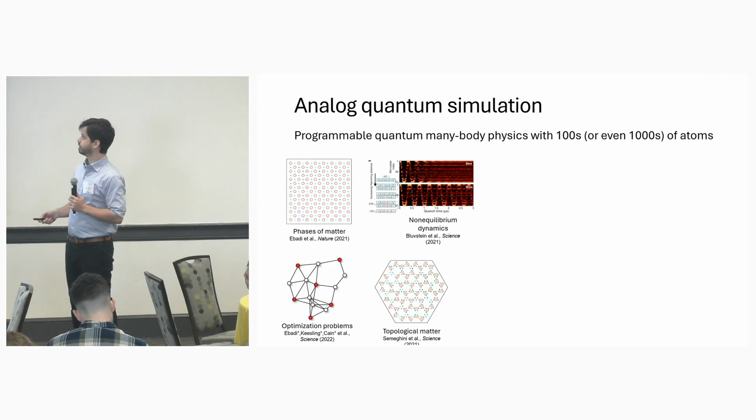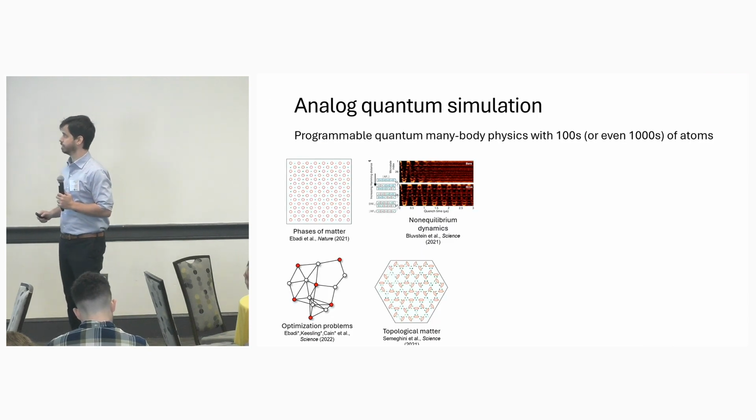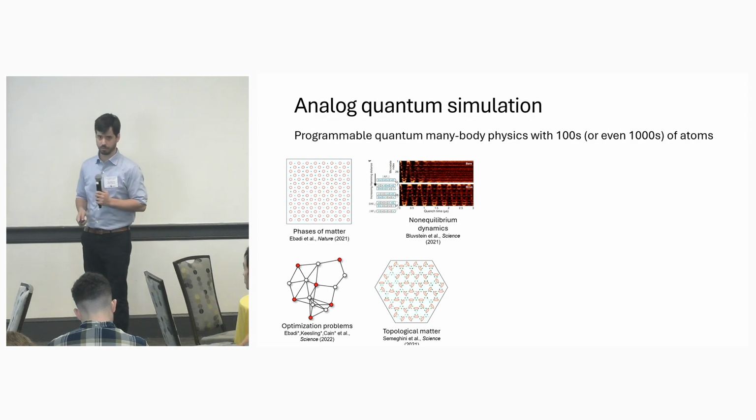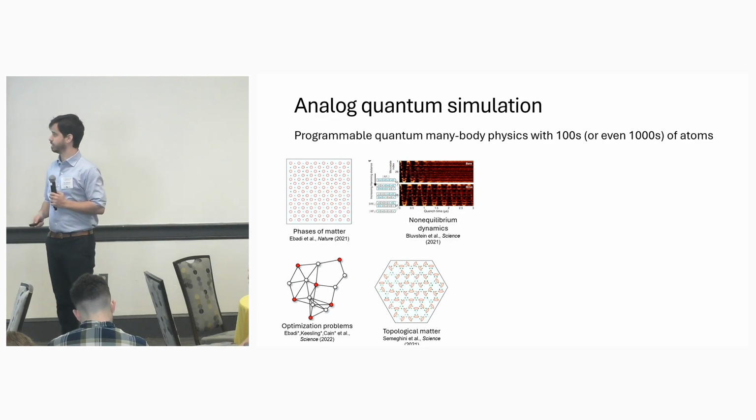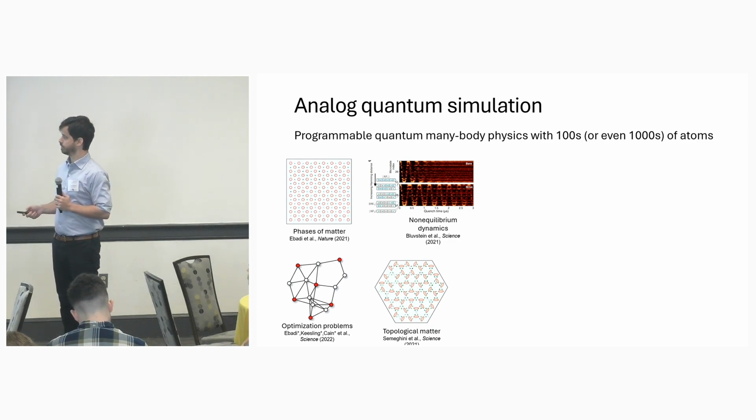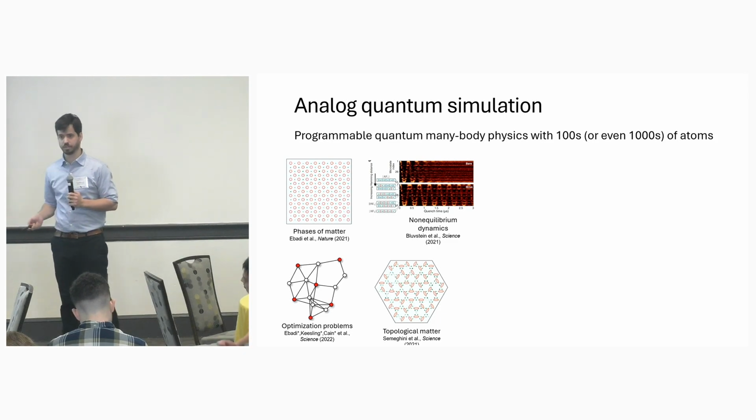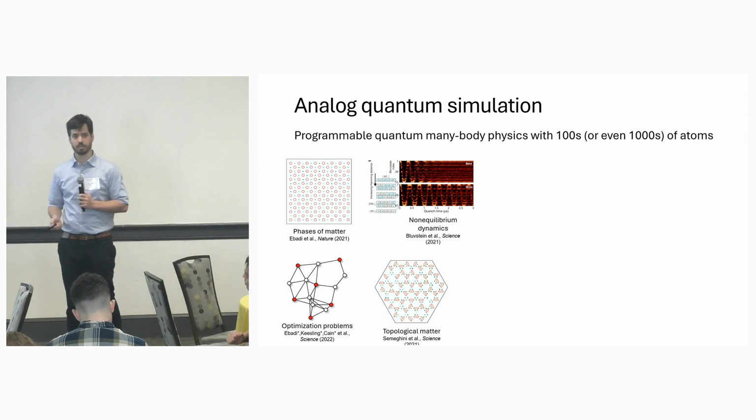Right. So one could do many things with these types of systems, and there's this whole world of digital quantum processing with these atom arrays, which I will not discuss today. But a lot of other things can be done using this analog modality. We order these atoms in one of these lattices and turn on the interactions, and you can get all kinds of really neat and cool physics.